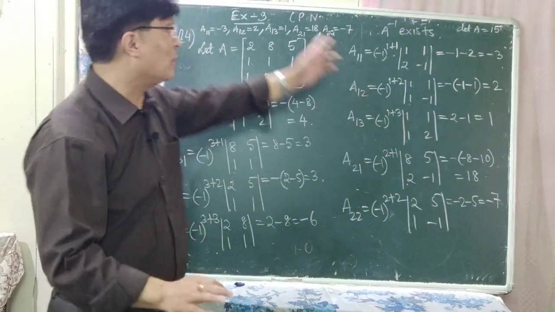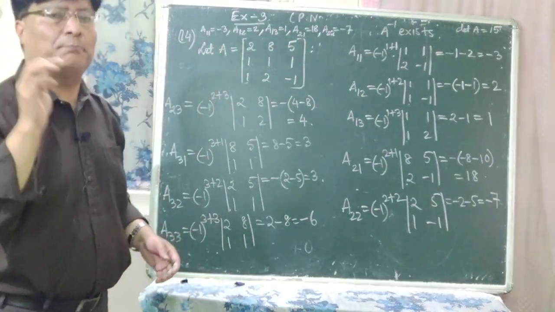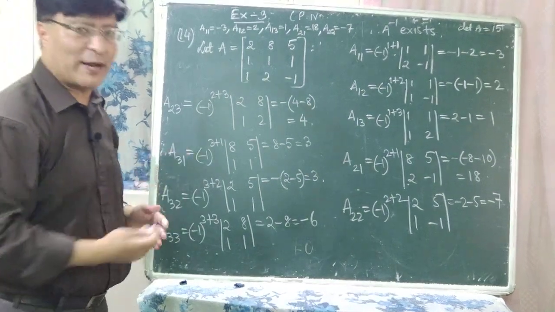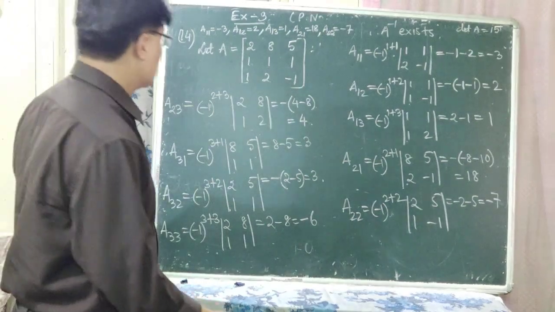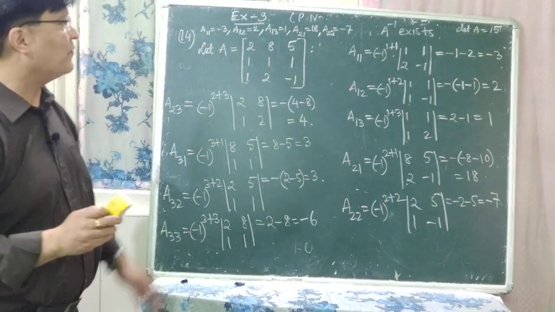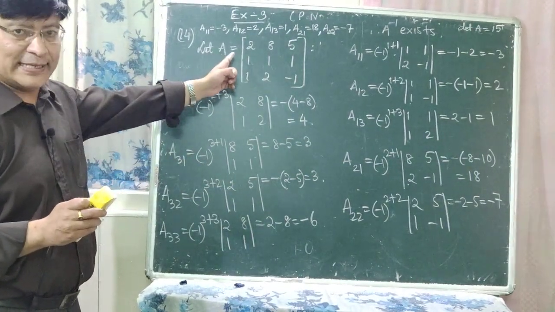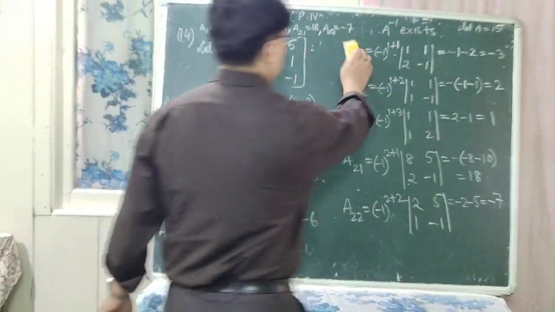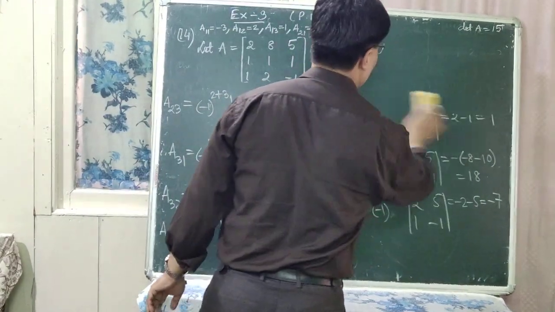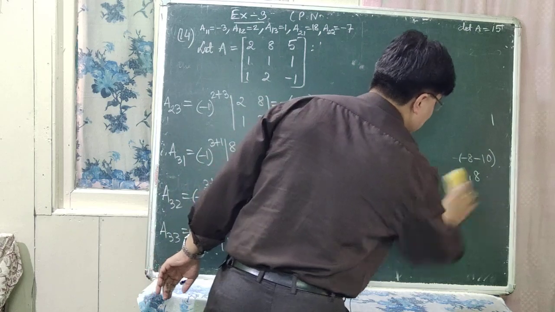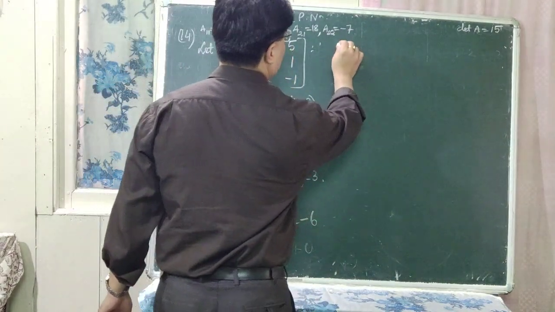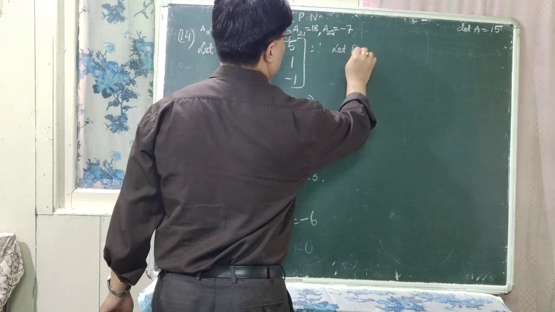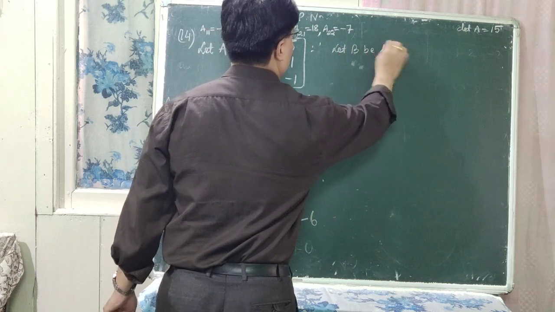You don't have to copy this one because you may pause the video and see the previous part. So now you have to write down the cofactors of each element of this matrix A. So now let capital B be the matrix.